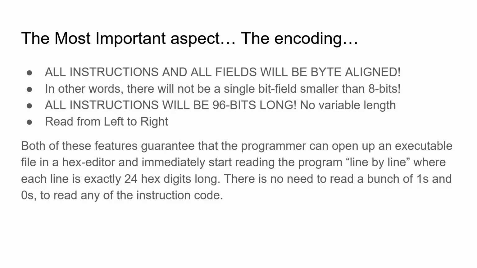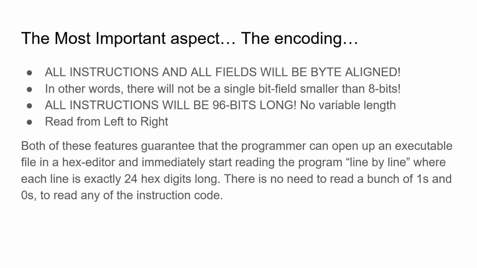Now, next. The main focus of my thesis, as you can probably already tell, is the encoding. Because if I don't care about the quality of the hardware I'm implementing, why bother with all this? Well, I want to have good encoding, as I made clear. All instructions in all fields will be byte aligned. There won't be a single bit field smaller than 8 bits.